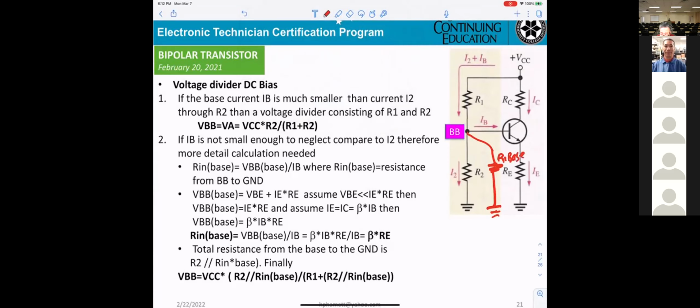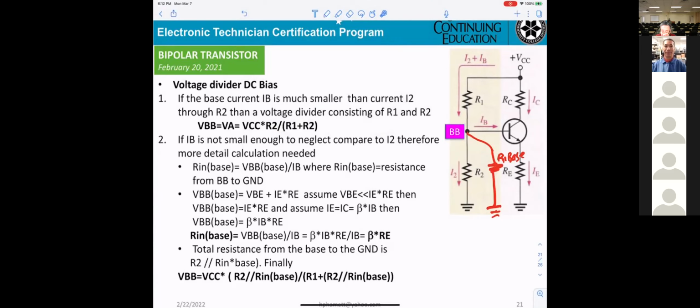And now you have to combine that one and that one to get one resistor before you can apply VCC times R2. Now it's not R2; R2 will be combined with this guy. That's for more accuracy.